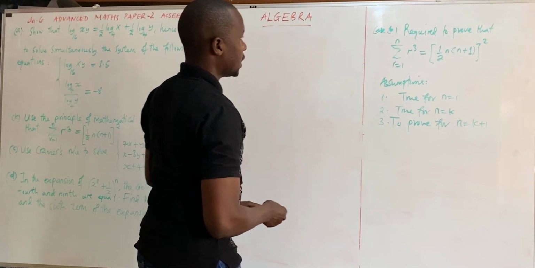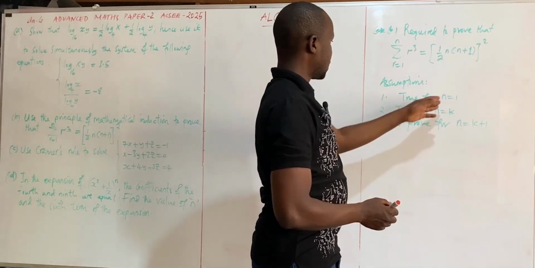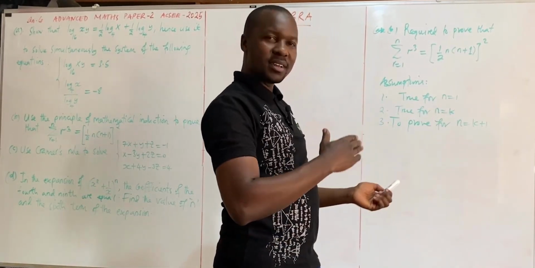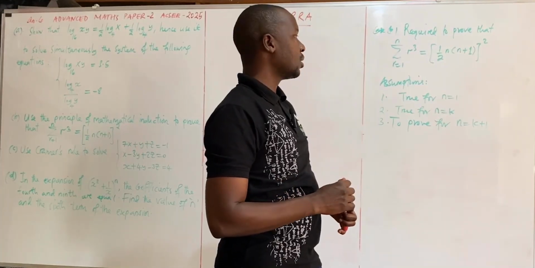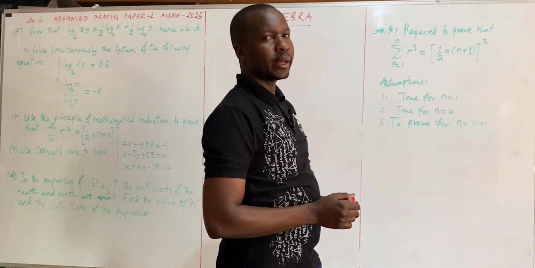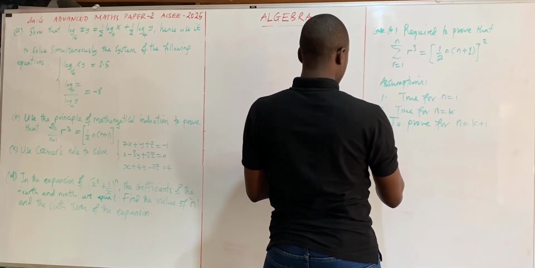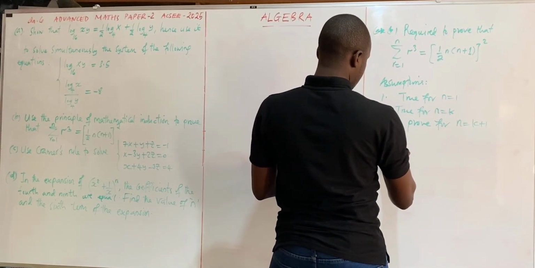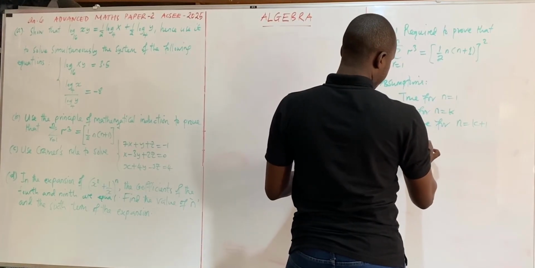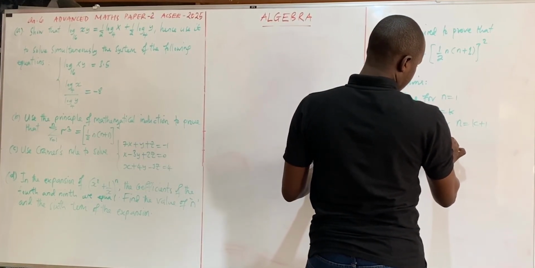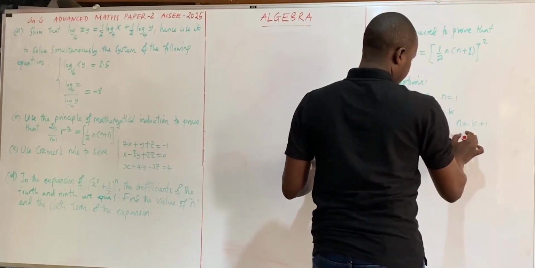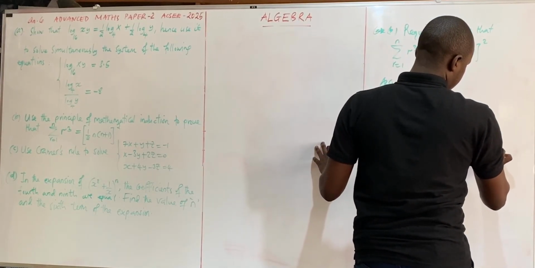So if that is the case, maybe now we can start to check whether it is true. The left-hand side solution and the right-hand side solution will be the same for n equals 1. So maybe we can start by using the principle of mathematical induction.